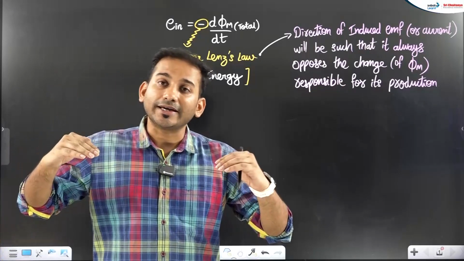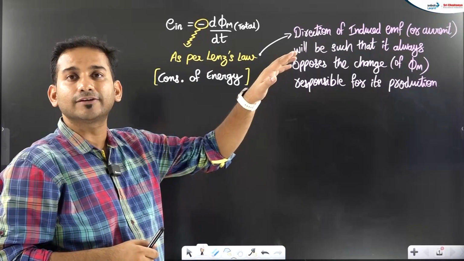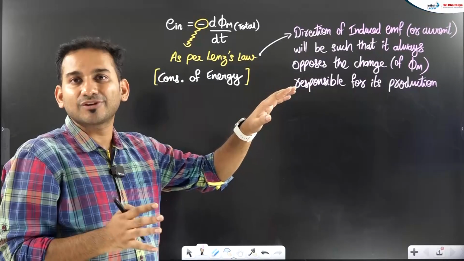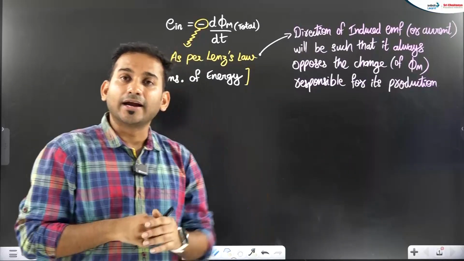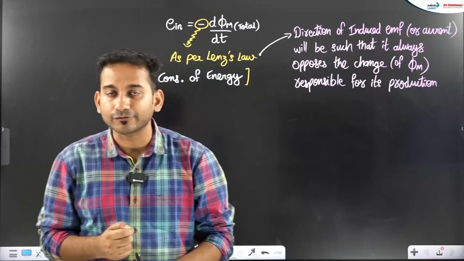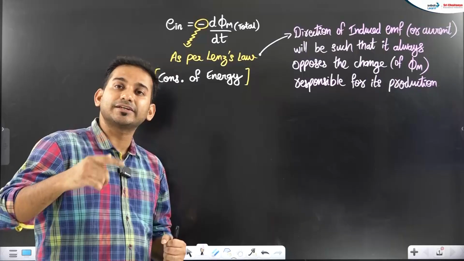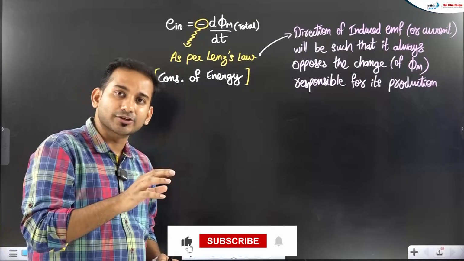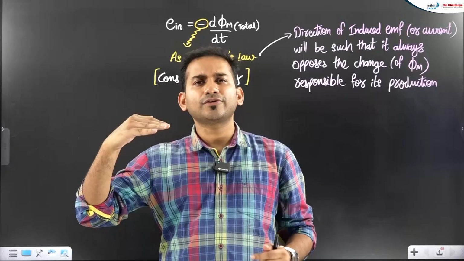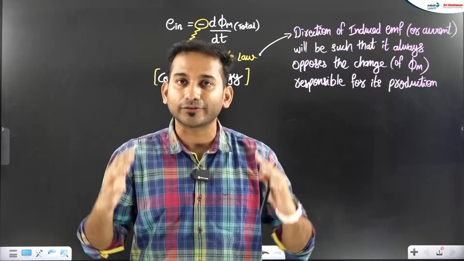Meaning, if an incremental change of magnetic flux is responsible for inducing an EMF, then the induced EMF will try to decrease it. And if it is a decreasing change which is responsible for the induction of EMF, then the induced EMF or current will be in such a way that it will try to increase it. Once again, if there is no change in magnetic flux, there will be no induction of EMF.